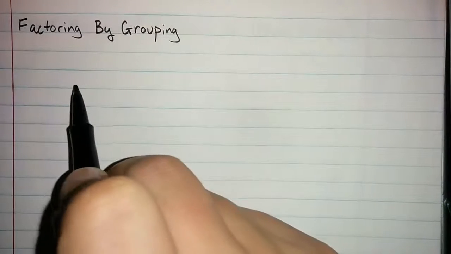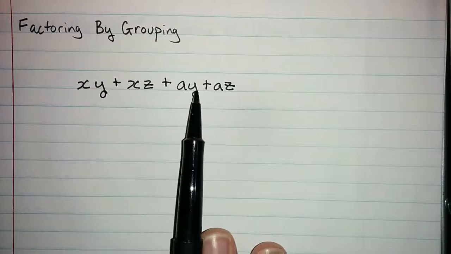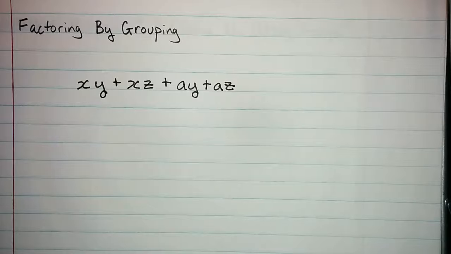All right, what do we do if we have a polynomial that we want to factor, where we see no common monomial factors? Let's consider for a moment the polynomial xy plus xz plus ay plus az.